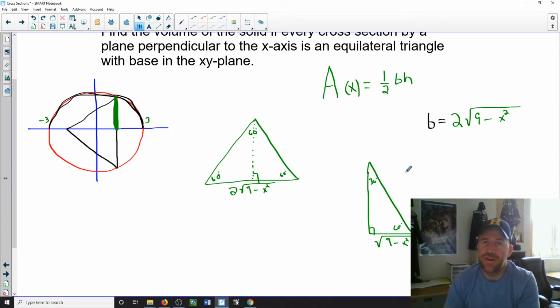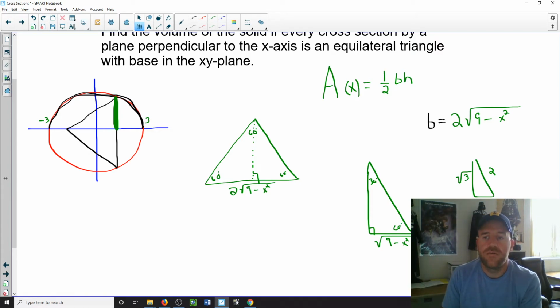This is a special right triangle that we've used many times throughout the last couple years. A 30-60-90 triangle, in general, has a side ratio: the short side is across from the 30, the hypotenuse is double that, and the medium side is always root 3 times the short side.